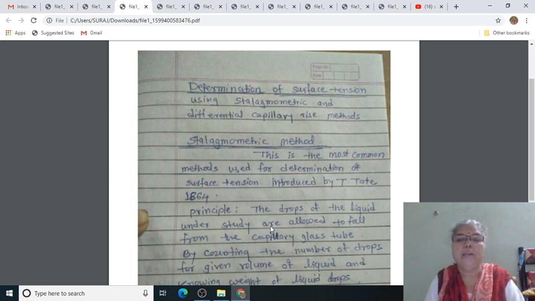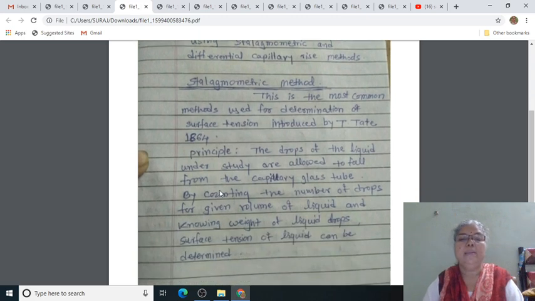surface tension, and this method was introduced by the scientist T. Tate in 1864, and the principle of this method is the drops of the liquid under study are allowed to fall from the capillary glass tube.